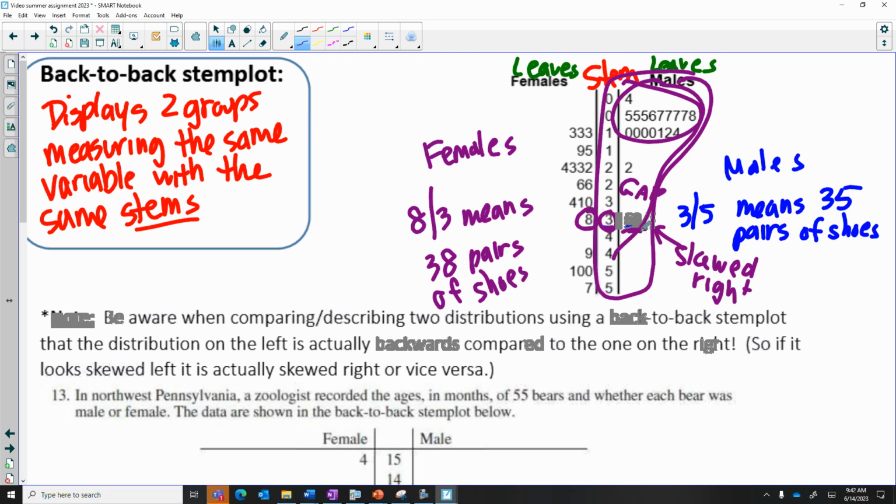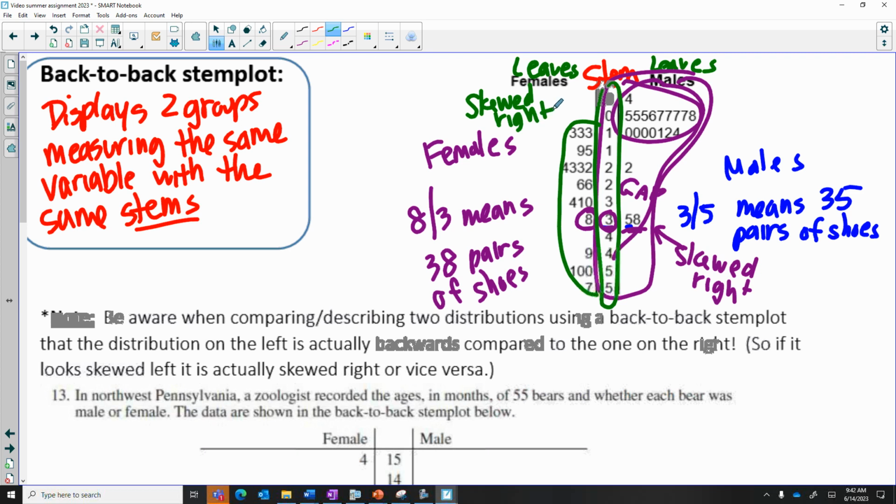But if I wanted to look at the females, I have to be careful, because when I turn my head the other way, it looks skewed left, but because that number line is backwards for the females, it's actually the reverse of what you think. It's skewed right as well. So that gets kind of tricky.